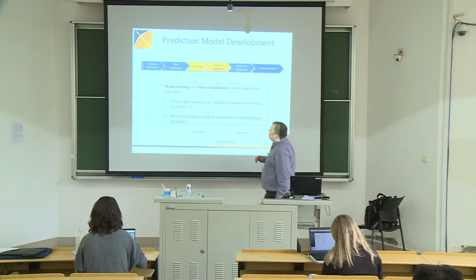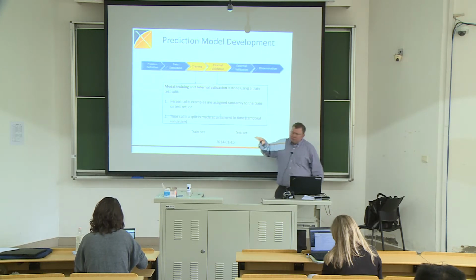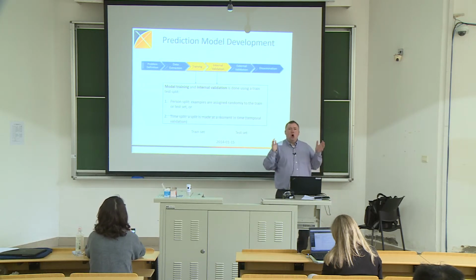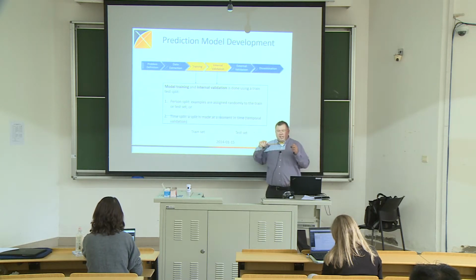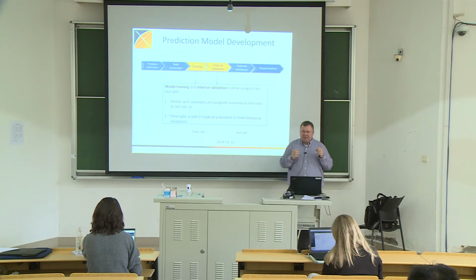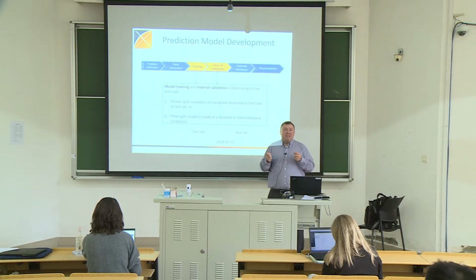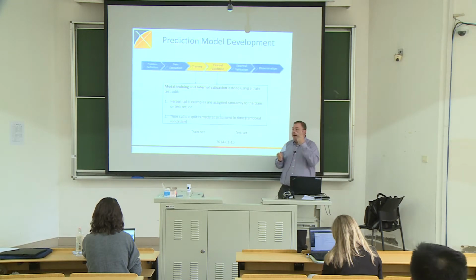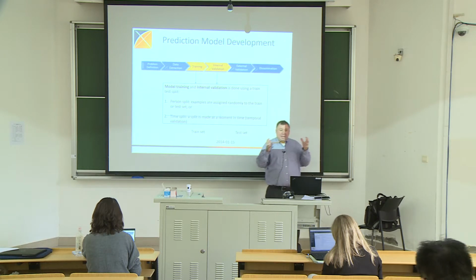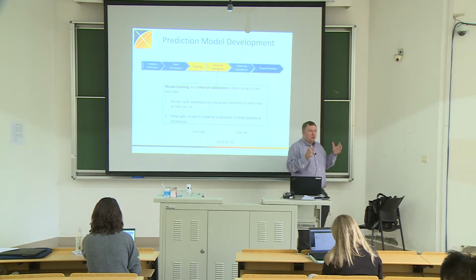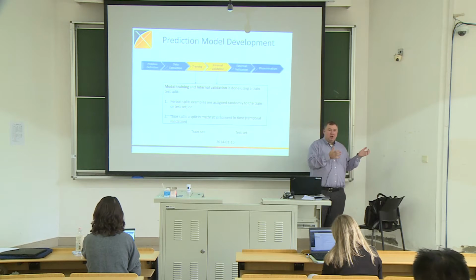When we extract the data, what we have is all the people with endometrial cancer, and some of them are going to go on to have the outcome of lymph node metastases. But for purposes of training a model, what we're going to do is we're going to split the data set into two halves. There's going to be a half of the data that we're going to use for purposes of training the model.